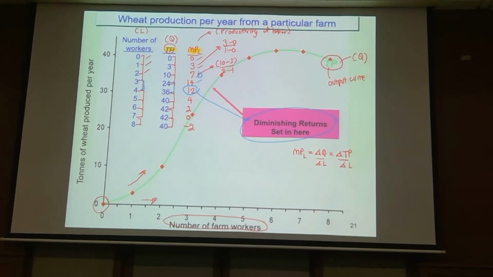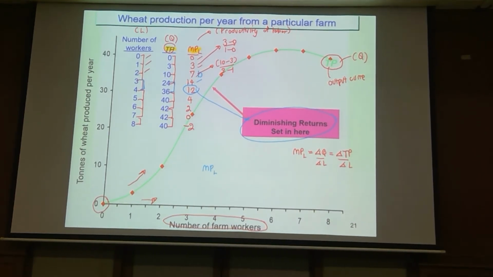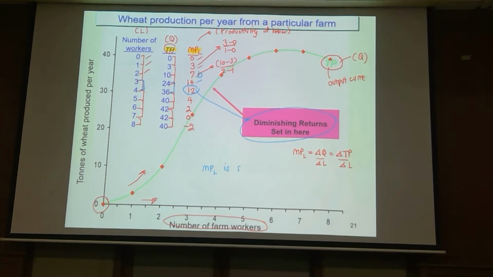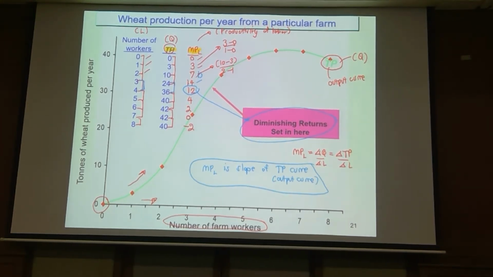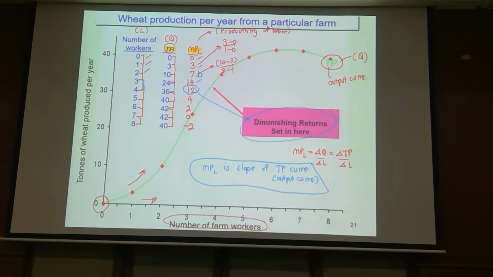Okay? Or we can say, in fact, the marginal product of labor is actually the slope of the total product curve or the output curve here. We will show you on the next page.